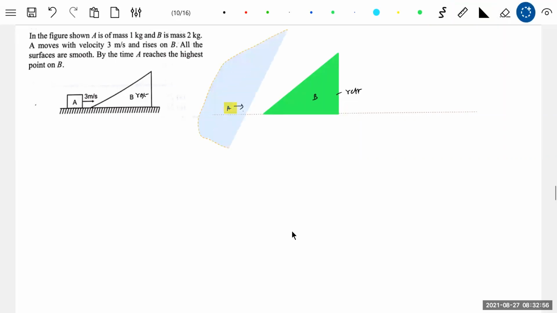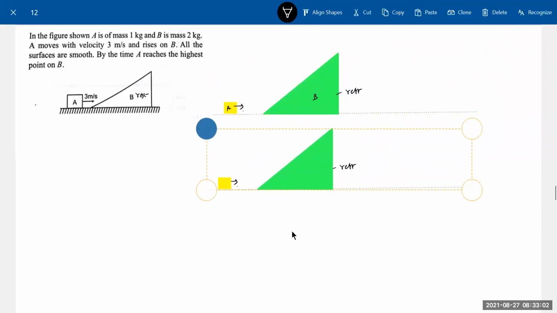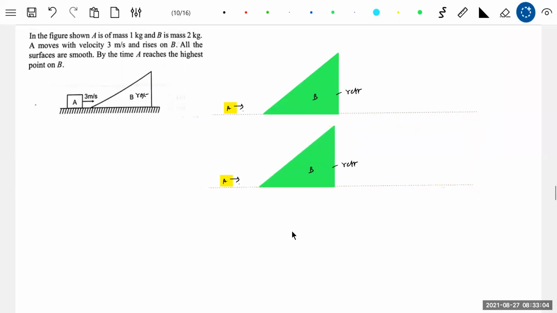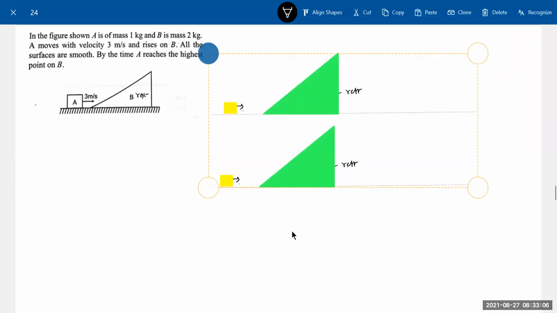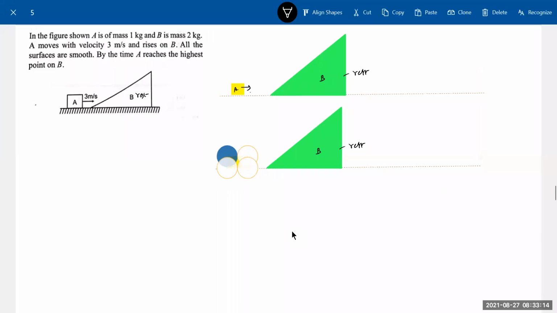Now, what are the sequences that will take place? The block starts climbing on the wedge. At the moment the block starts climbing on the wedge, what conditions will come? Normal contact.